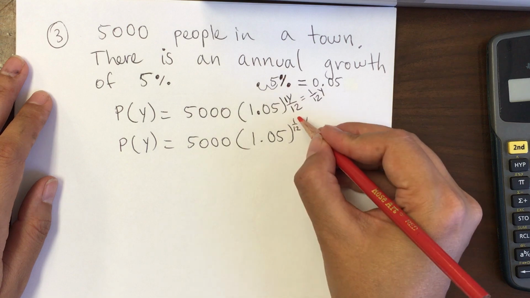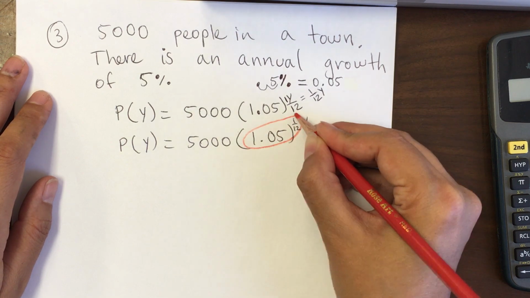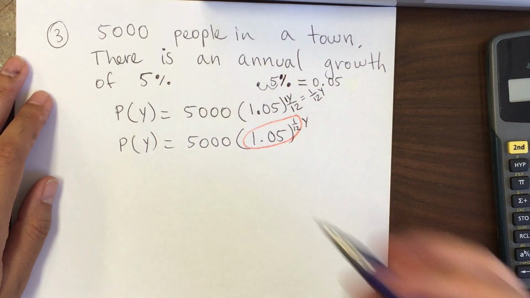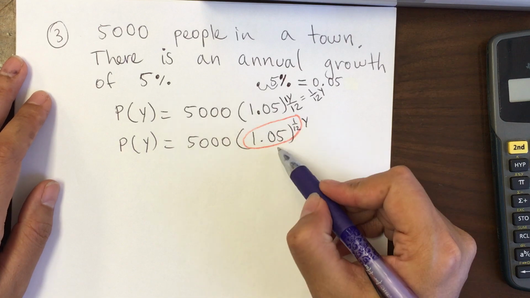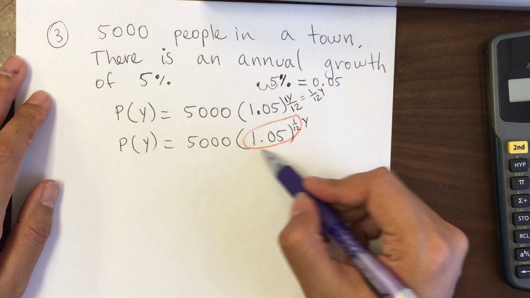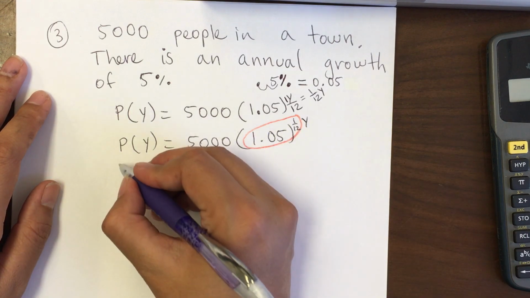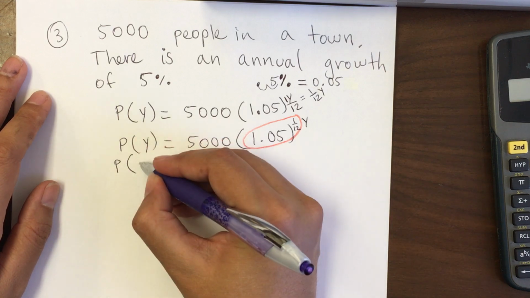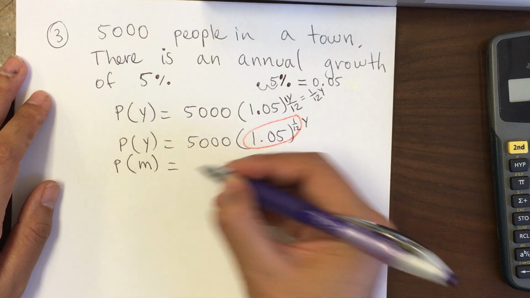That represents 1 month. We're trying to change these to months. And so we're going to raise this base to this power to give us population per month.